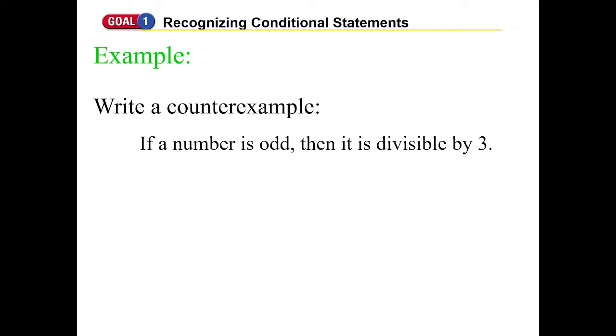Let me ask you this question. What are odd numbers? Tell me odd numbers. 7, 9, 11, 13, and so on. Now, these are odd numbers. The statement is, if a number is odd, then it is divisible by 3.